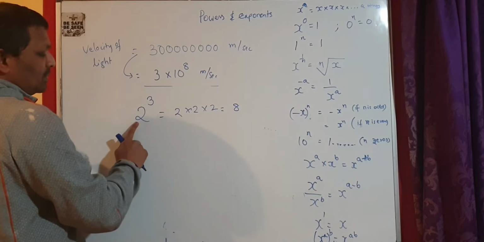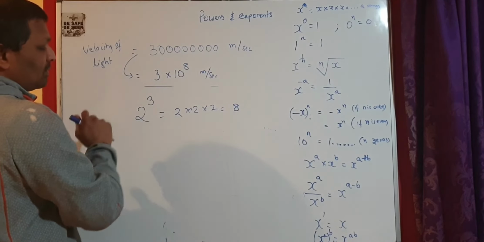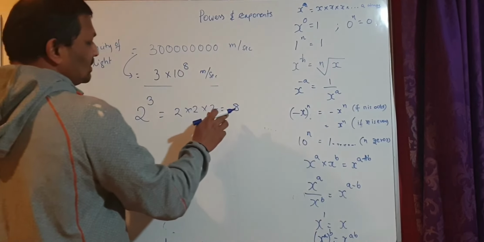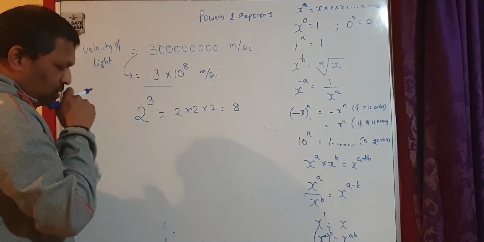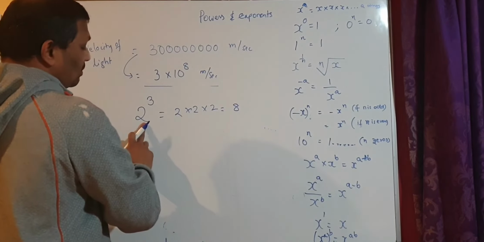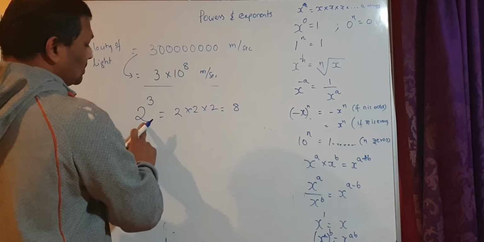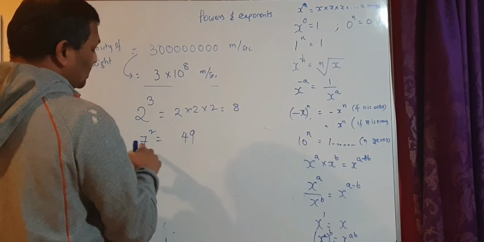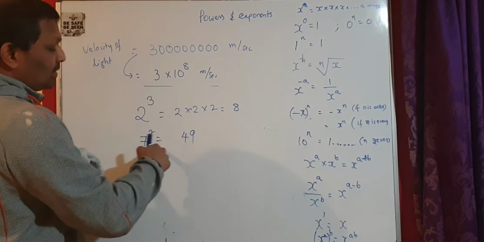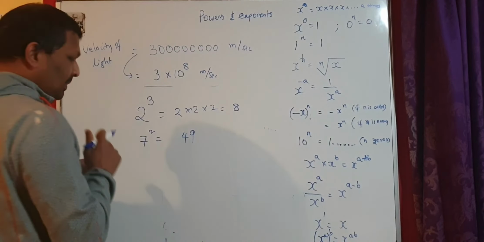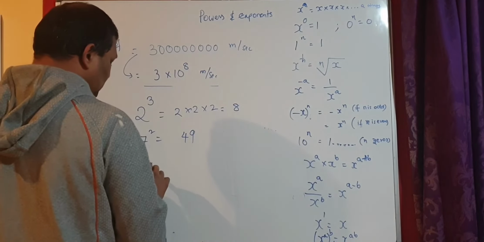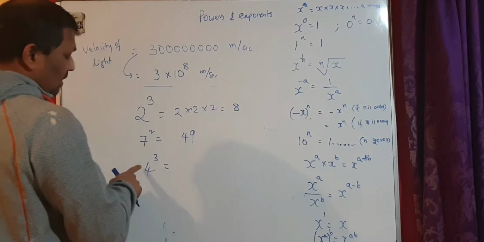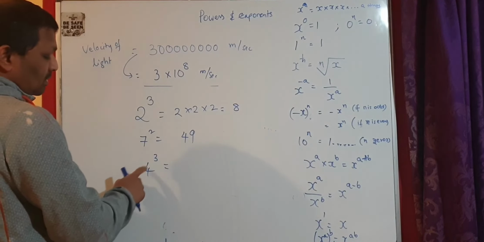So a number more than 1 raised to a power more than 1, in such a case, you get a number whose value is always more than the original. Okay, for example, 7 square, which is equal to 7 into 7, which is 49. So this number raised to the power of 2, you got 49, which is more than 7. Okay. For example, 4 cube. A positive number raised to a positive power, both more than 1.